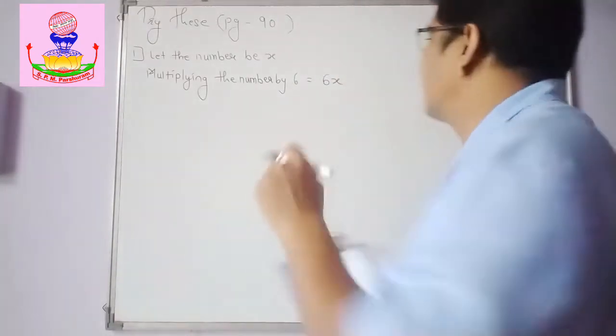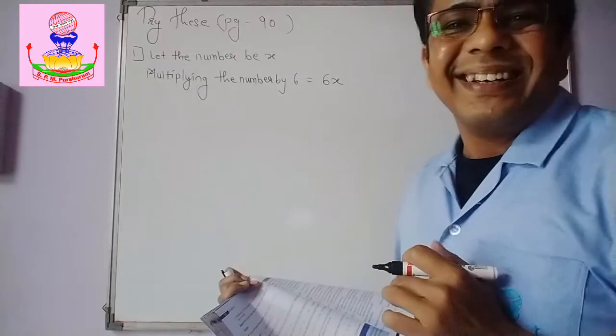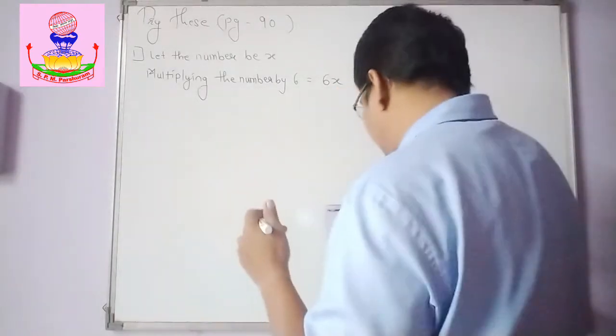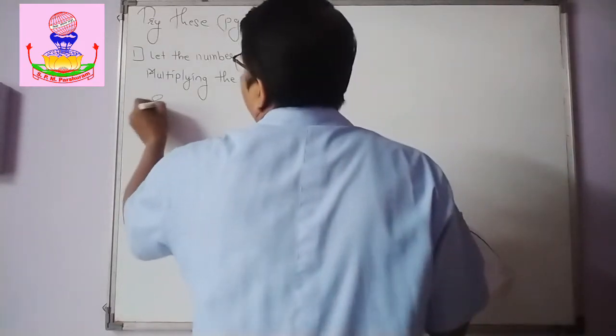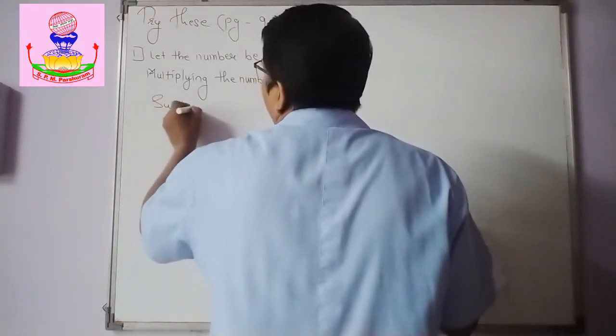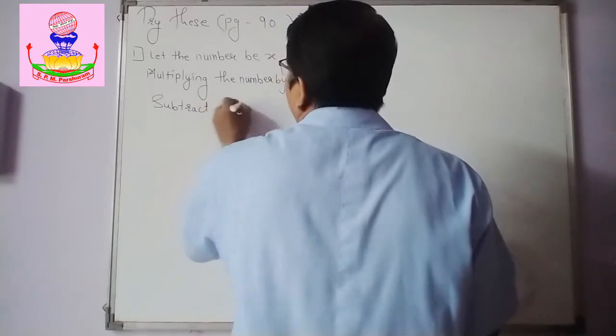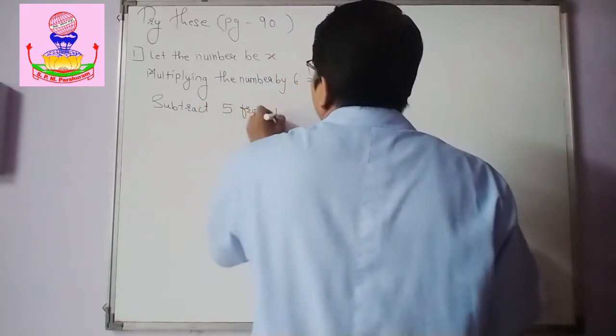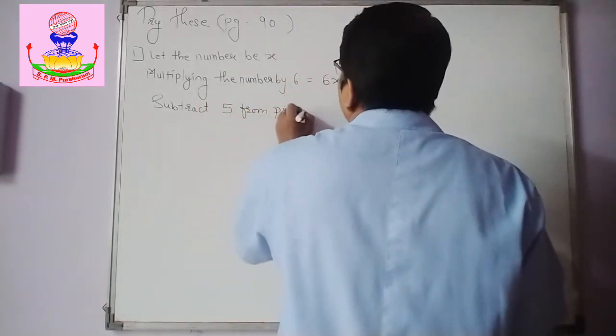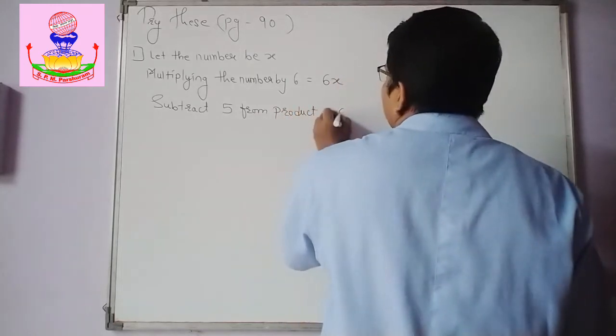Then what is said? Subtract 5 from the product. So this is the product I obtained, and so you have to subtract 5. See how I am relating, subtract 5 from the product. If you go in this way also, it doesn't matter till you are a master.